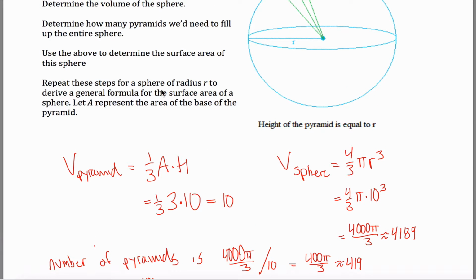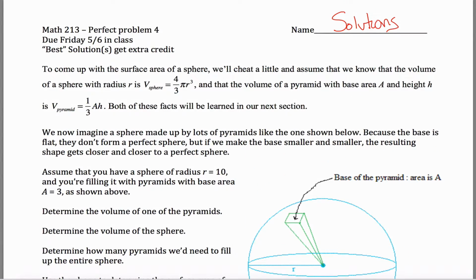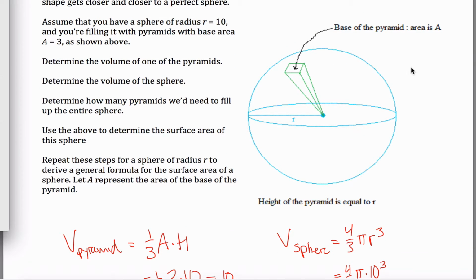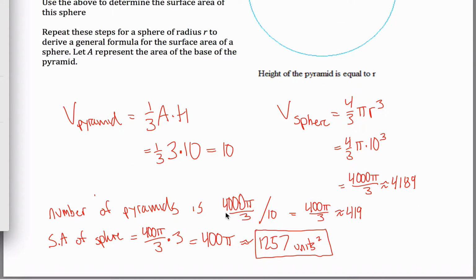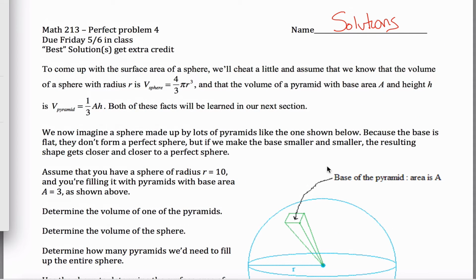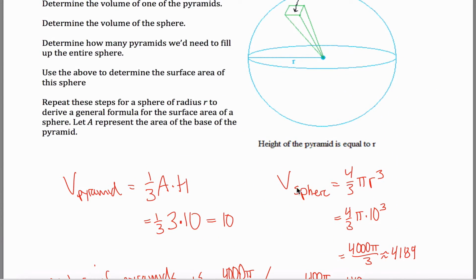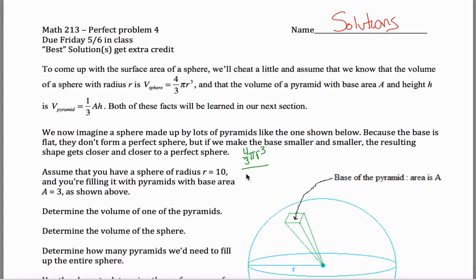Now you want to do it again, but this sphere has radius r. I can do the same basic idea. The number of pyramids was just the volume of the sphere divided by the volume of the pyramid. So I take 4/3 pi r cubed, the volume of the sphere, divided by 1/3 times A times h, where h is exactly the radius.